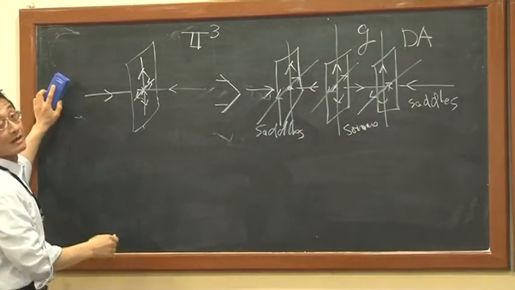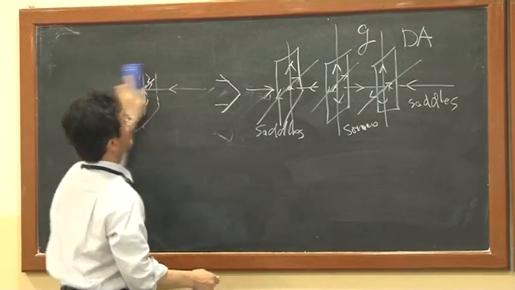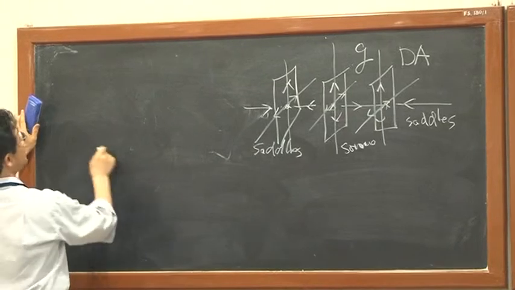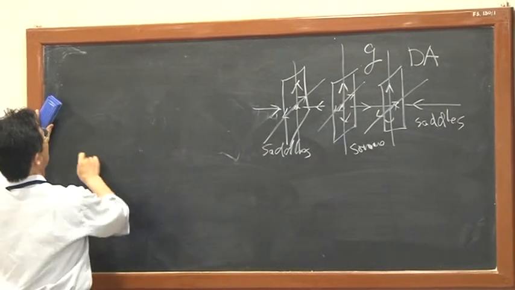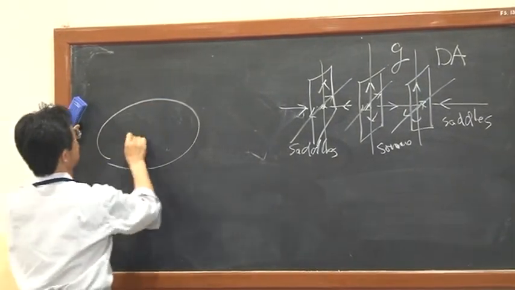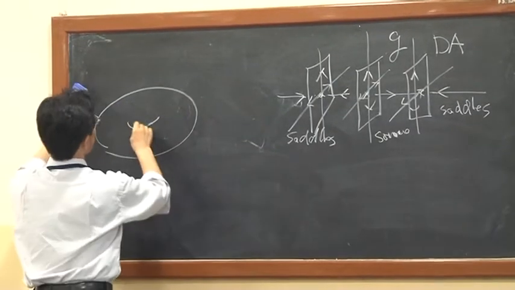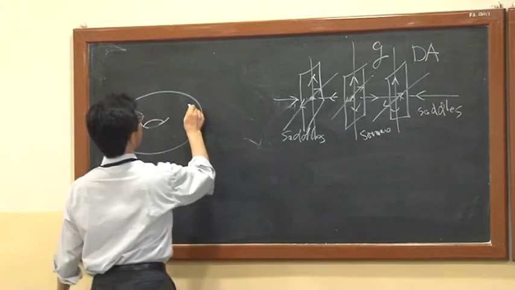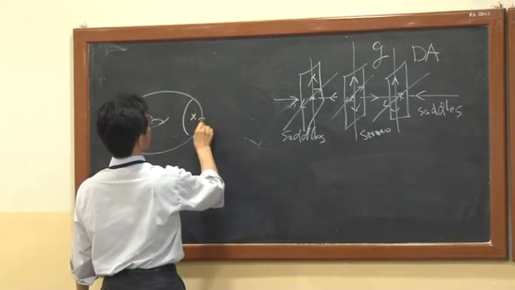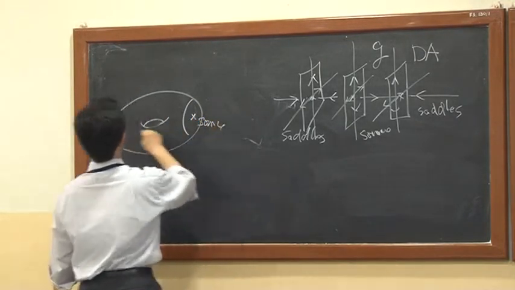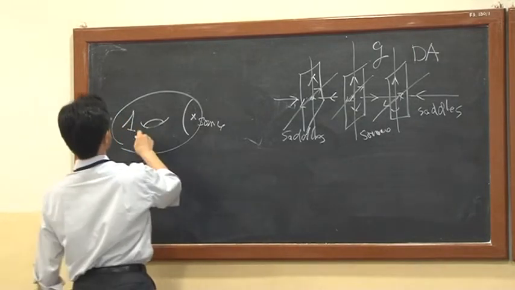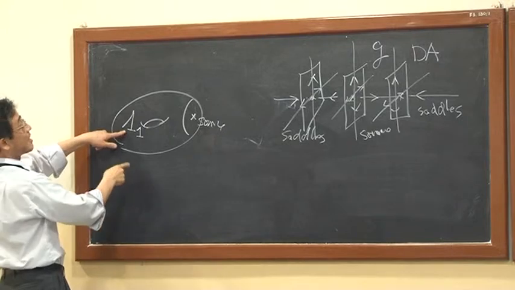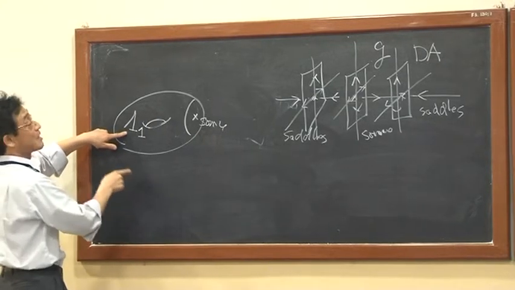Unfortunately, it is not so easy to draw a three-dimensional torus, so instead let me draw the two-dimensional picture. So there exists a source. There exists a one-dimensional ergodic set, index 1, I mean the stable dimension is index 1.